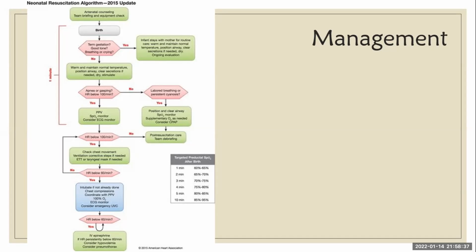Resuscitation does not depend at all on the APGAR score. Which baby you need to resuscitate is based on this algorithm.